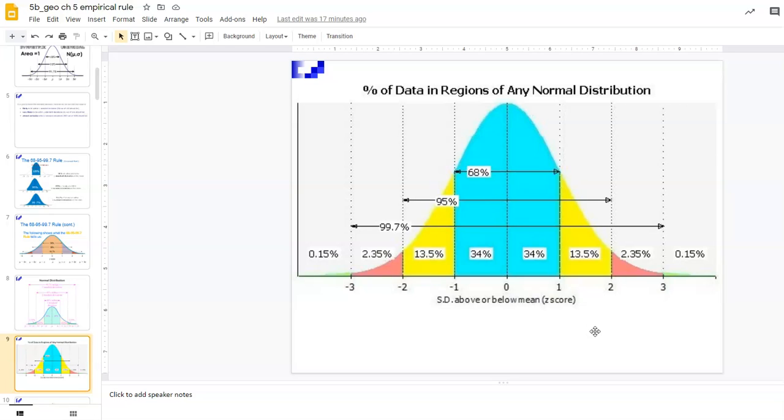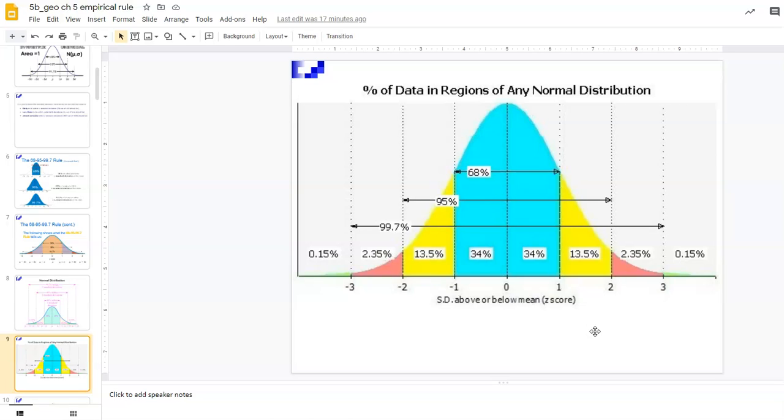And then the yellow part, so from yellow to yellow, that contains 95%. But if you subtract 95 minus 68 and then divide it by 2, then you'll get the 13.5 and 13.5. Same thing for the red part.